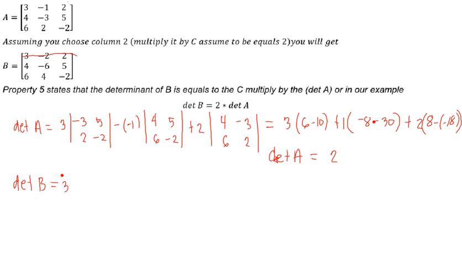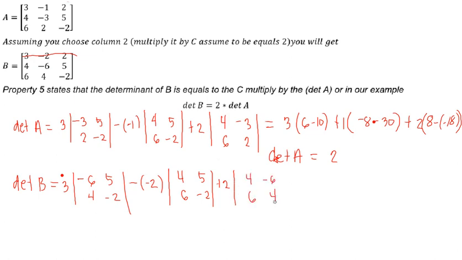So we have 3. So if we remove row 1, column 1, what's left over is negative 6, 4, 5, negative 2. Next, minus negative 2. So we have 4, 6, 5, negative 2. And lastly, we have 2, 4, 6, negative 6, and 4. So solving for the value of this, we have 3 times, that is 12 minus 20.